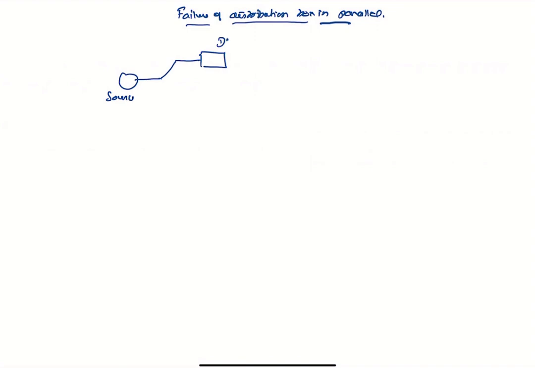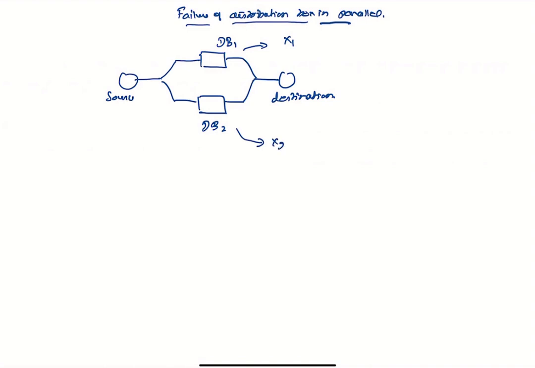distribution box 1, and here is distribution box 2, and this goes to the destination, and so this is a parallel connection. Distribution box 1 has a life of x1 and distribution box 2 has a life of x2.